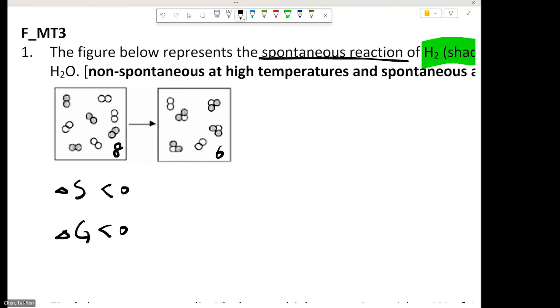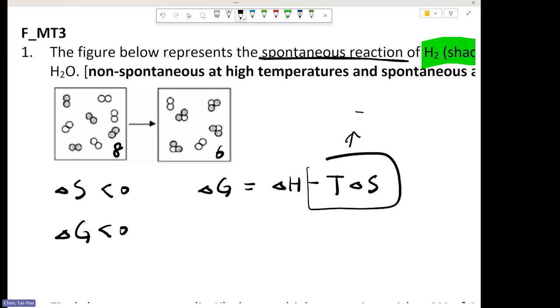And you know your delta G is delta H minus T delta S. Because your delta S is negative, this second term will be positive.